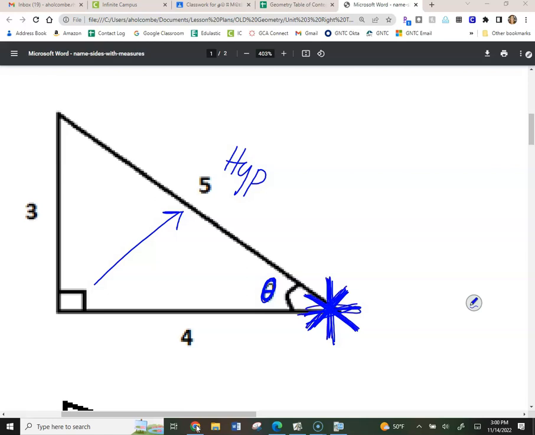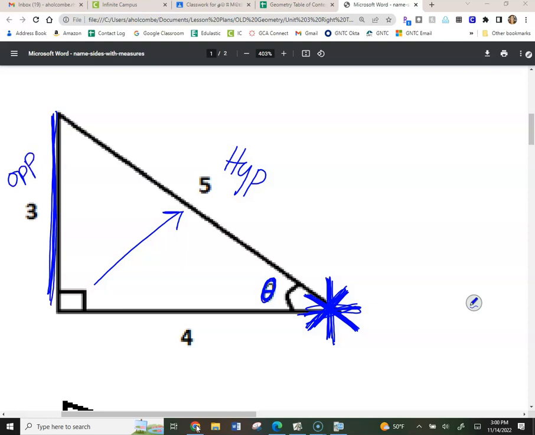Now, from that angle, what would be considered opposite? Three. Opposite's going to be the side farthest away. If I trace it, did I touch that angle? No, so this is opposite.